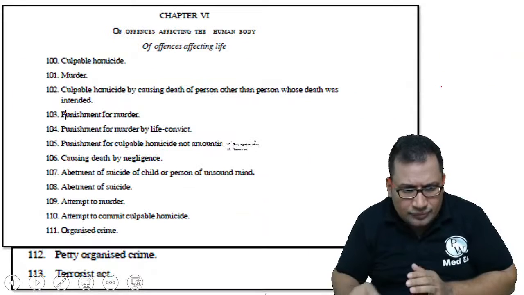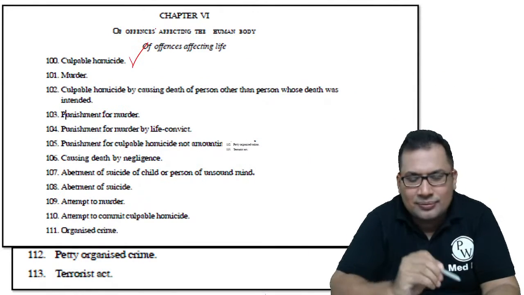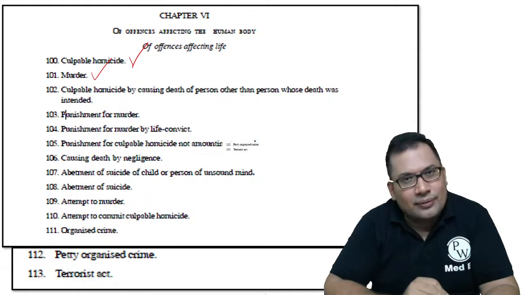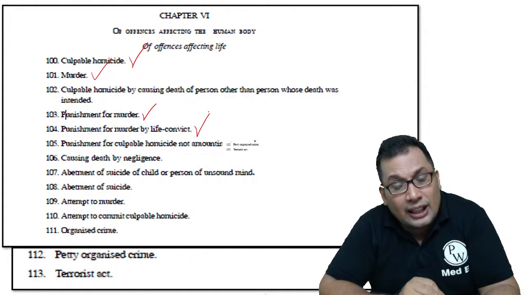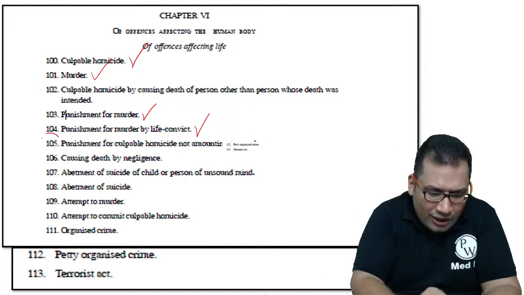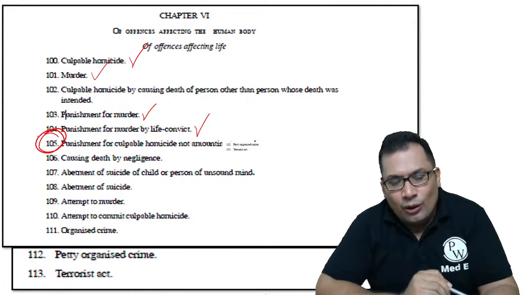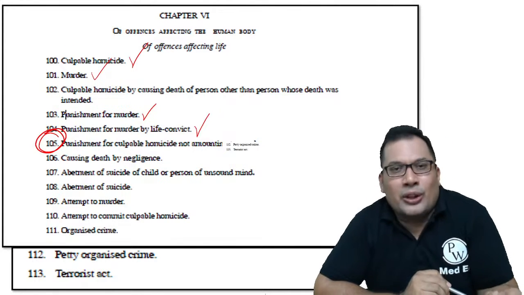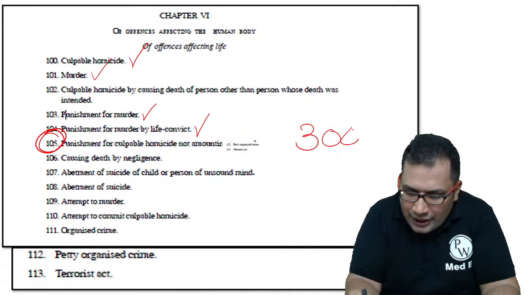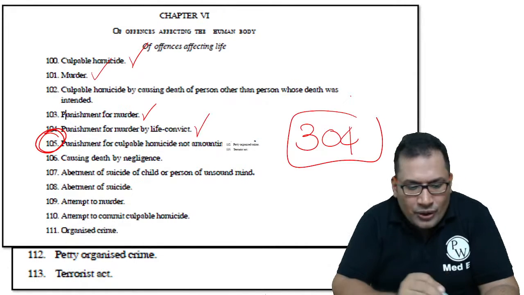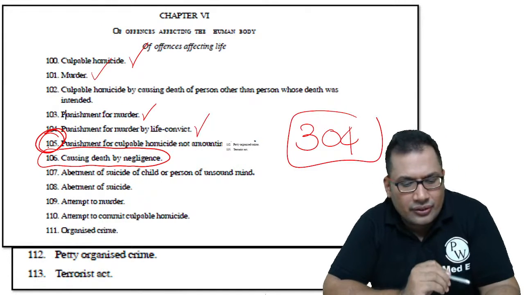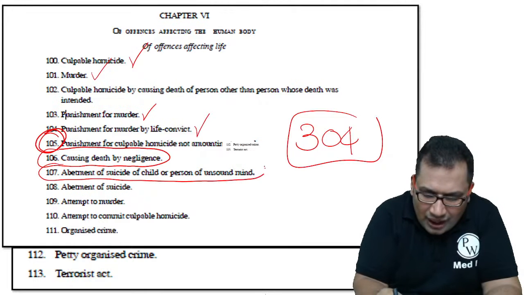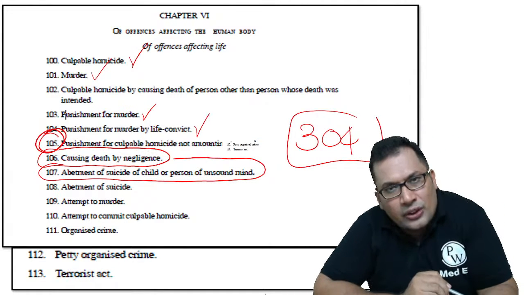Let's see what that is. 100 culpable homicide, 101 murder, 103 punishment for murder, 104 punishment for murder by life convict, 105 punishment for culpable homicide not amounting to murder, previously 304. 106 causing death by negligence including medical negligence. 107 abetment of suicide of child or person of unsound mind.